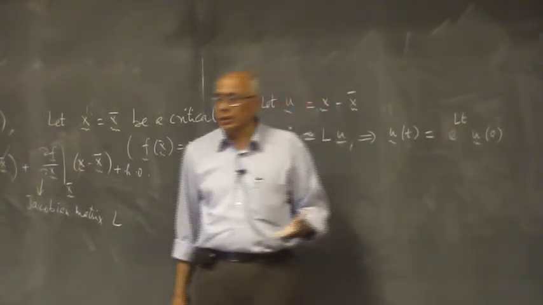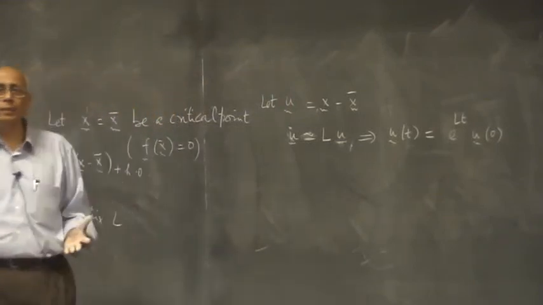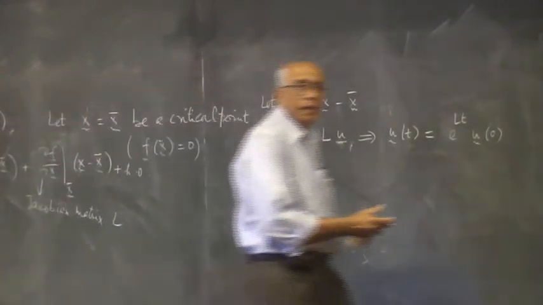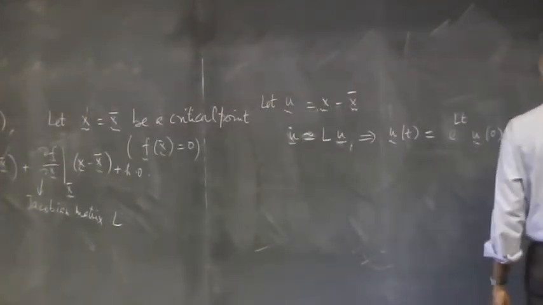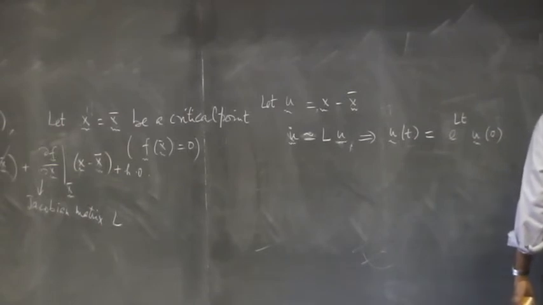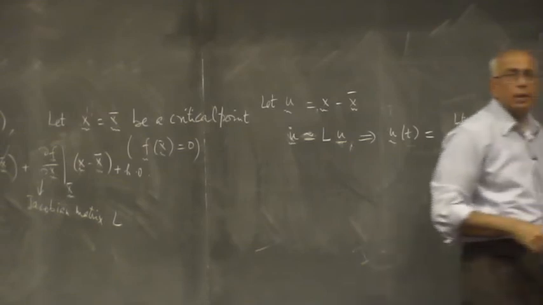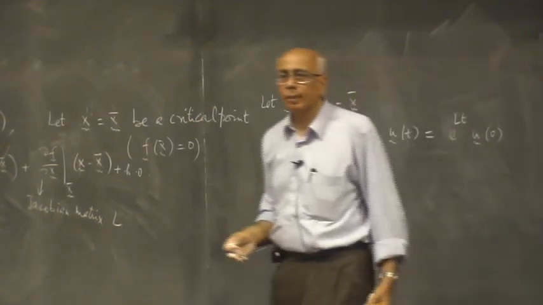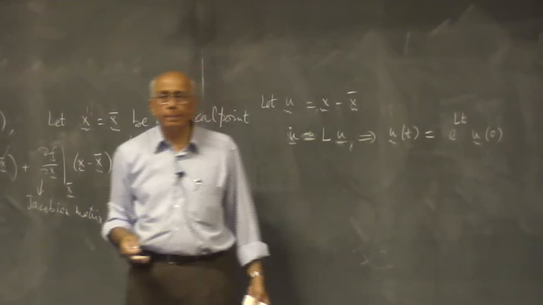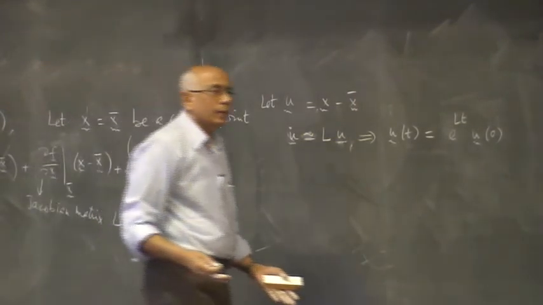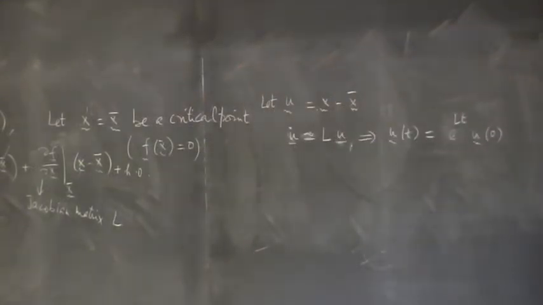Now what's the meaning of this exponential of the matrix? It's a series, right? By definition, the exponential map is always defined as the summation, r equal to 0 to infinity, of (Lt) to the power r over r factorial. When does it converge? When does the ordinary exponential series converge?